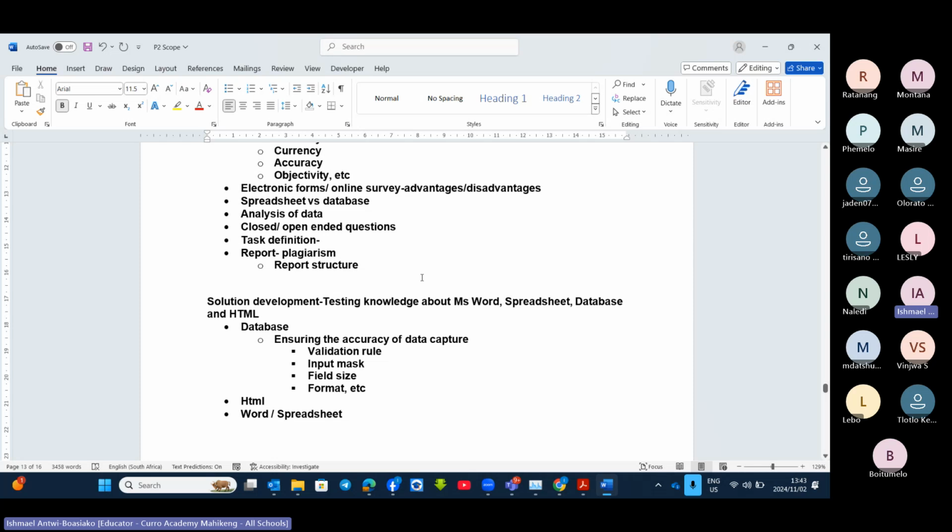And then the spreadsheet functions, how to maybe make changes in spreadsheet functions and what each function does, they can ask you questions on it. And then the difference between the database and the spreadsheet. Then the database also regarding validation rule, input mask, field size, and then the format, they can ask you questions also.